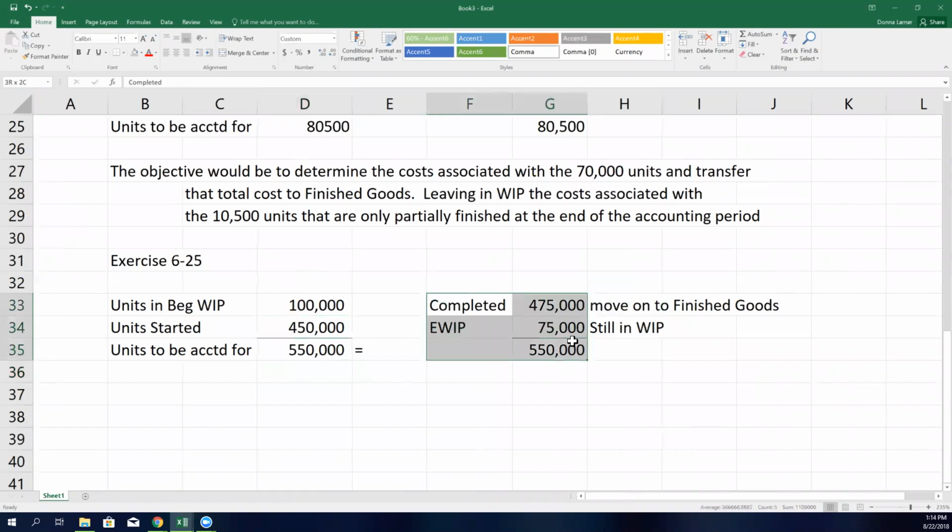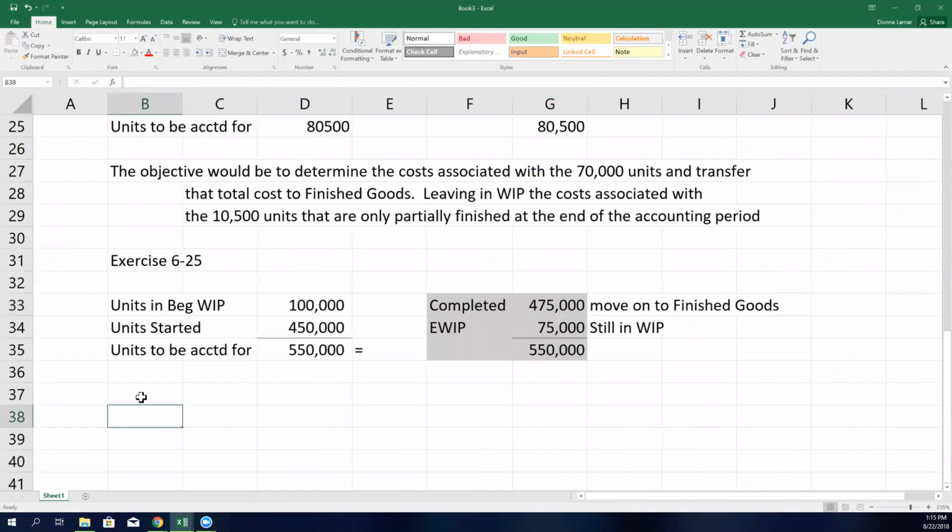But this is the area we're going to focus on the most, because these are the ones we're trying to track the cost for. The costs related to 475,000 units need to get transferred out of work in process and to finished goods. And then the costs related to the 75,000 need to stay in work in process until those units are finished, and then those costs can transfer out with the units.